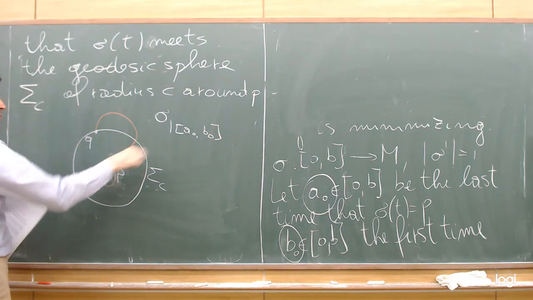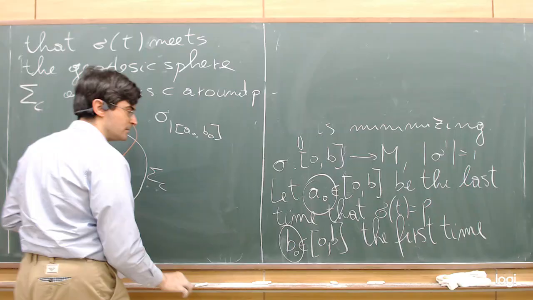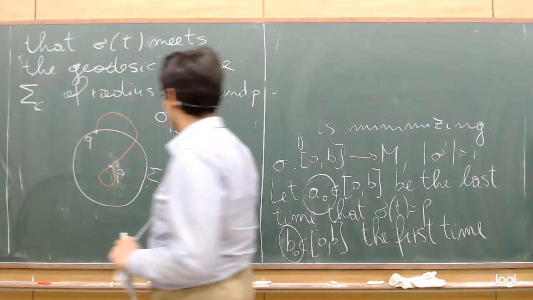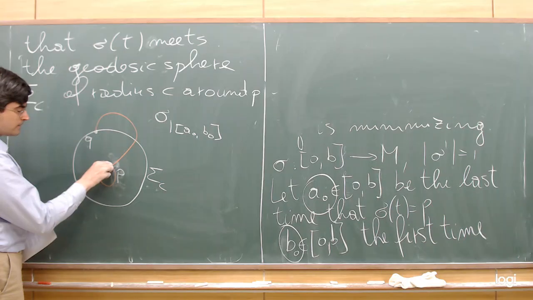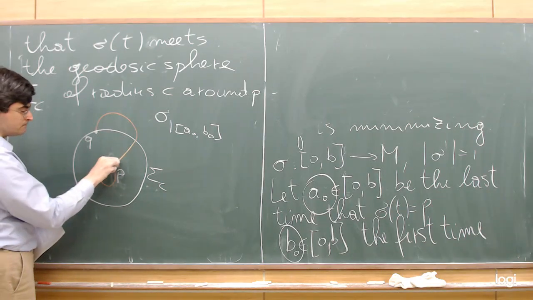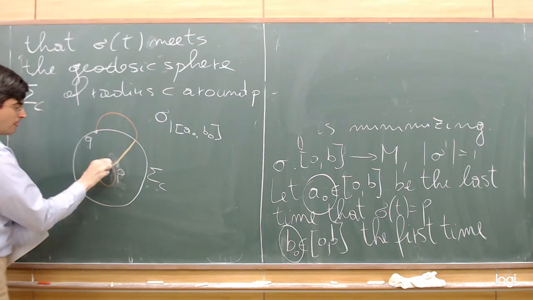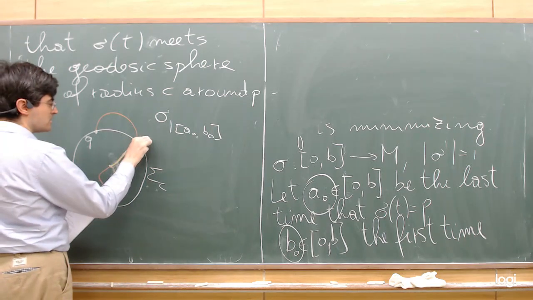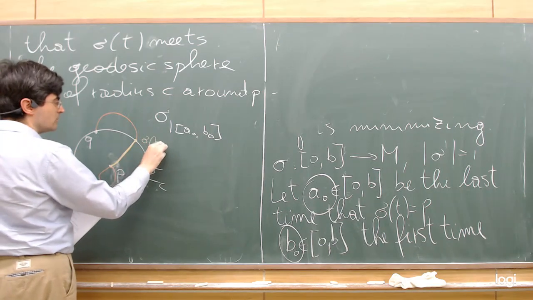This is a map whose image is just this segment. This is sigma of B0.